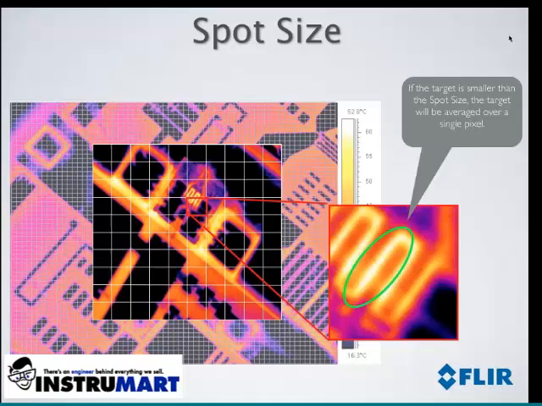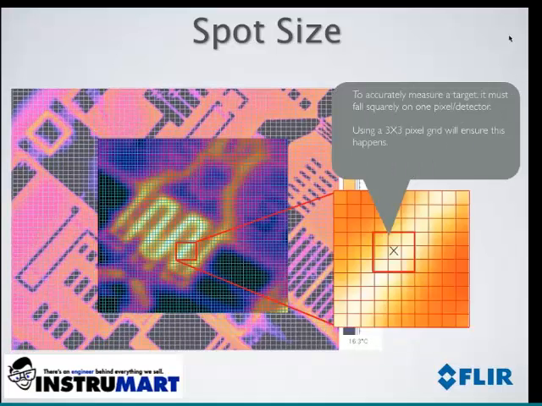So when it comes to spot size and measurements, we recommend that you capture a target with a 3 by 3 pixel grid. If I have a 3 by 3 pixel grid capturing my target of interest, I'm guaranteed I will have at least one pixel fall squarely on my target of interest.